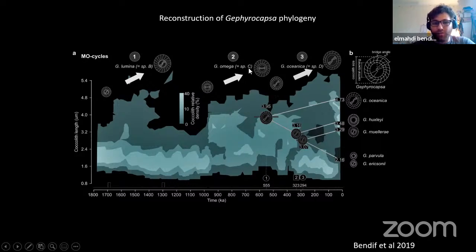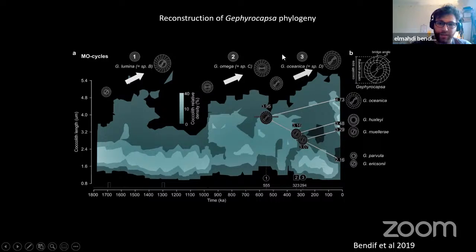And if we look much closer into the subtleties of those coccoliths of the Gephyrocapsa within those size increases, we have, in fact, instead of having one Gephyrocapsa oceanica or whatever the name that has been given since, let's say, 1.3 million years, perhaps more than one species.